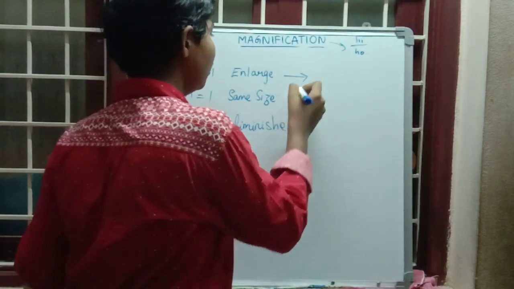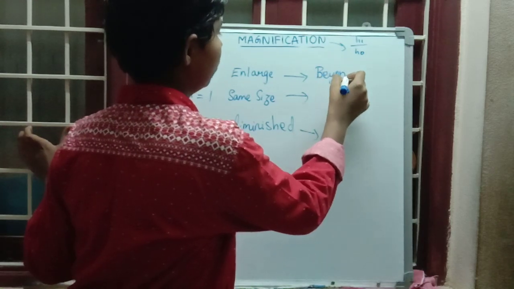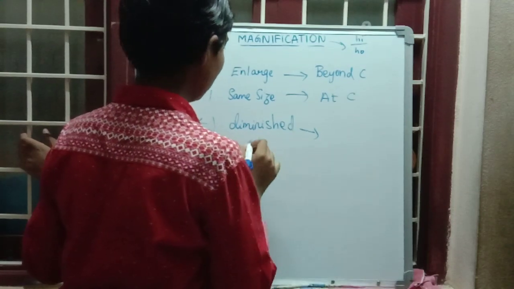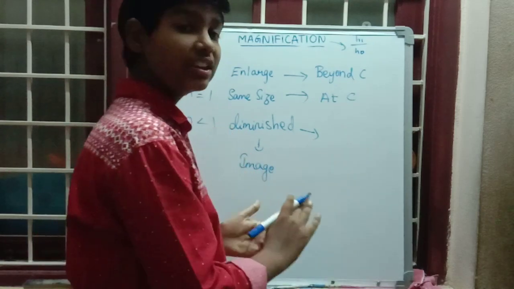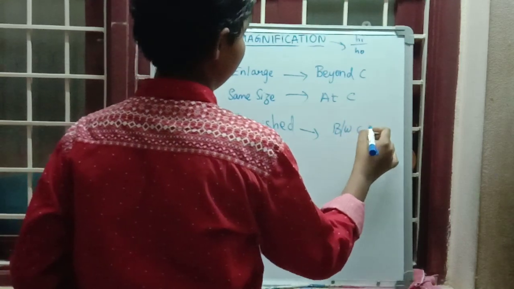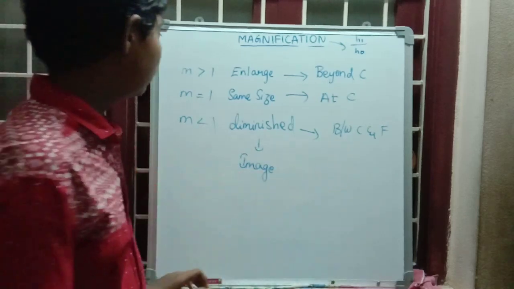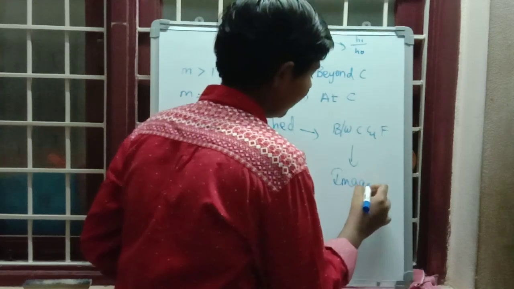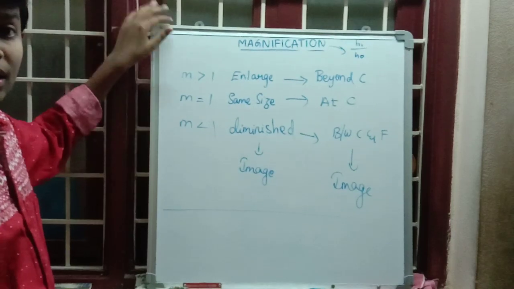Enlarge means image beyond C. Beyond C, at C, diminished. These are all of the image only. These also should be image characteristics. Diminished image between C and F. Between C and F is the image. Diminished image. So these are also characteristics of the image. This is the table of the magnification, the direct table.